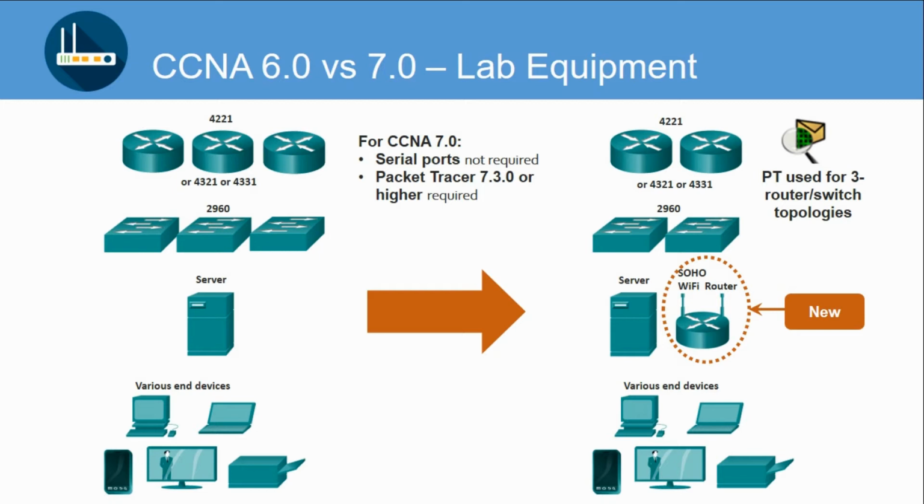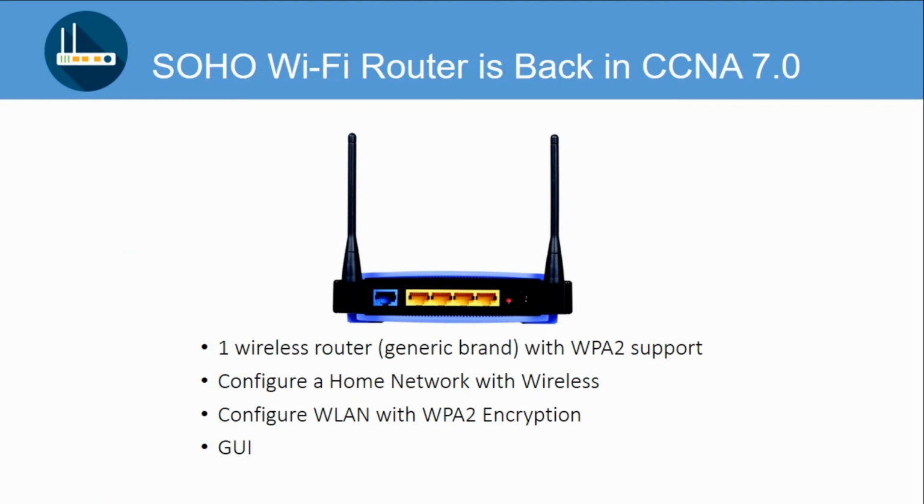Then we have servers and other end devices. In version 7, there is an additional device present in all activities, and that is the Wi-Fi router. This router was not there in version 6, but they have added it again in version 7.